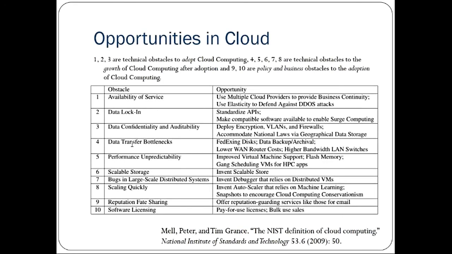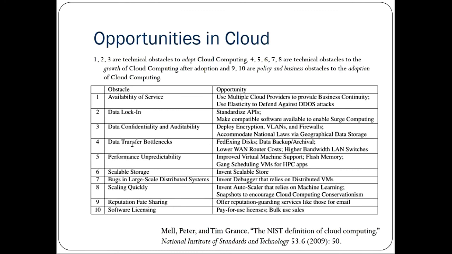Then for performance unpredictability, we should have better virtual machine support with flash memory, and better virtual memory scheduling. And then scalable storage means more scalable and better facility to scale. We need to program according to that.